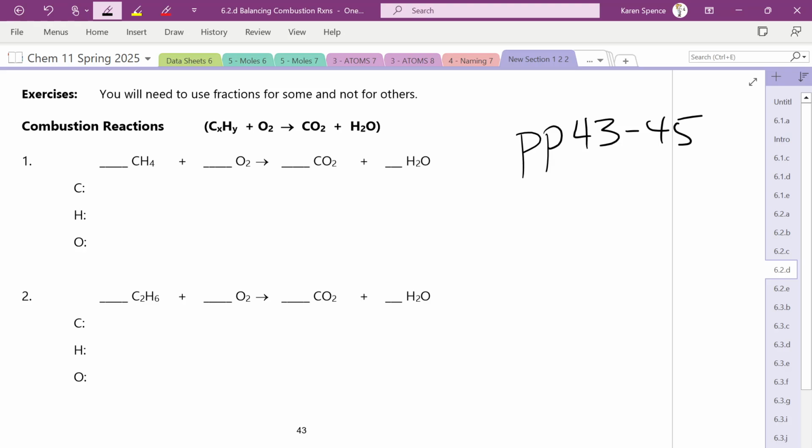So what you're going to do is cross that over 1.